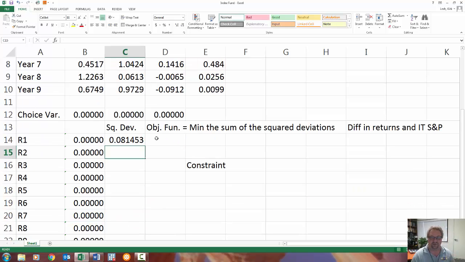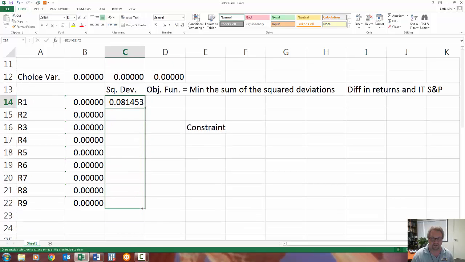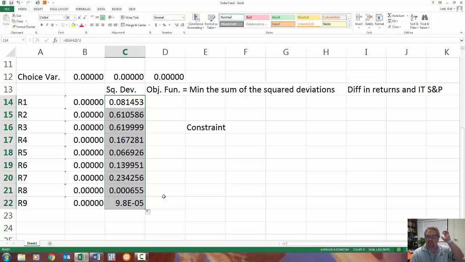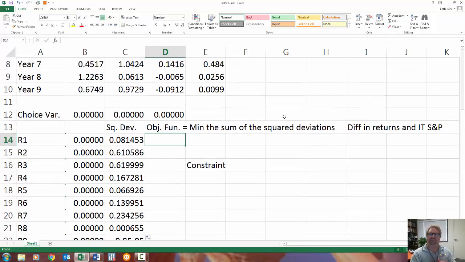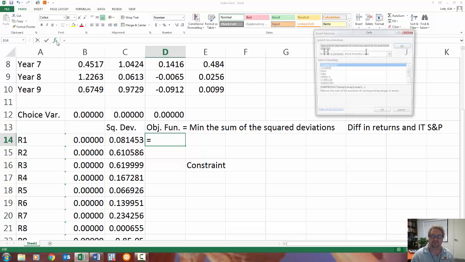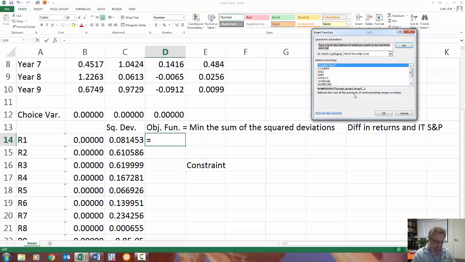And then again, I can just copy this down. Right, so there are my squared deviations. Don't worry about this, this is just scientific notation. Basically, it's 0, right? 9.8 times 10 to the negative 5th power, that's pretty close to 0. Okay, and then my objective function is I want to minimize the sum of those squared deviations. So here, just sum those guys up.